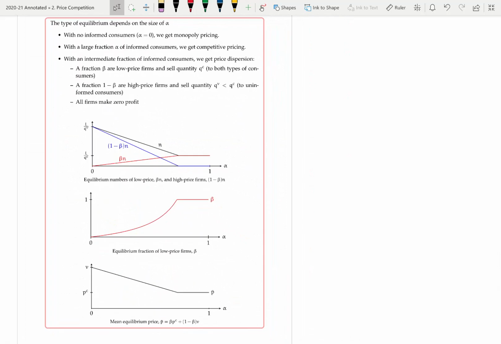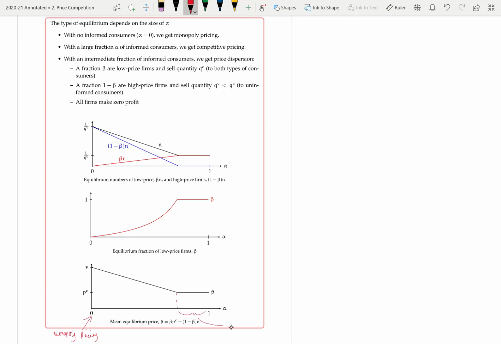So we've shown that the type of equilibrium depends on the size of alpha, the proportion of informed consumers. When alpha equals zero, we get monopoly pricing. So this diagram shows the average price in the market. When alpha is zero, the average price is the monopoly price. With a large fraction of informed consumers, we get competitive pricing.